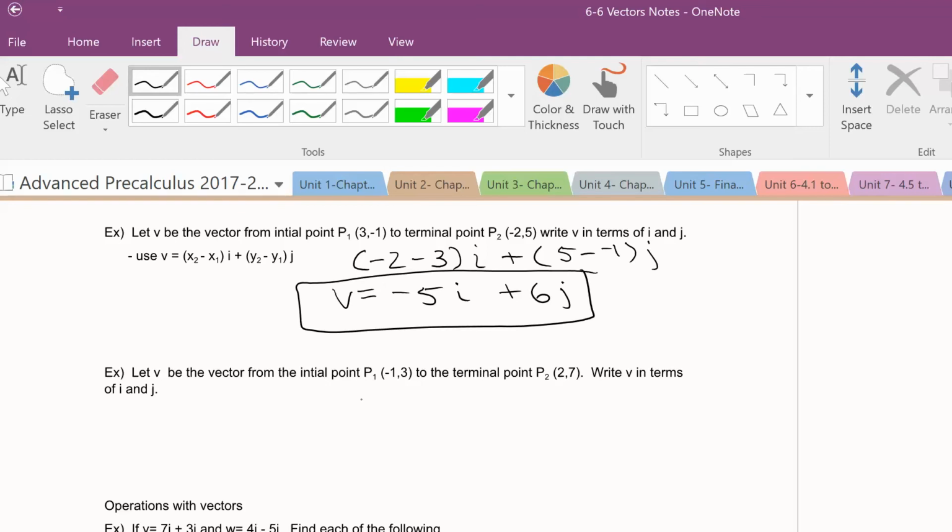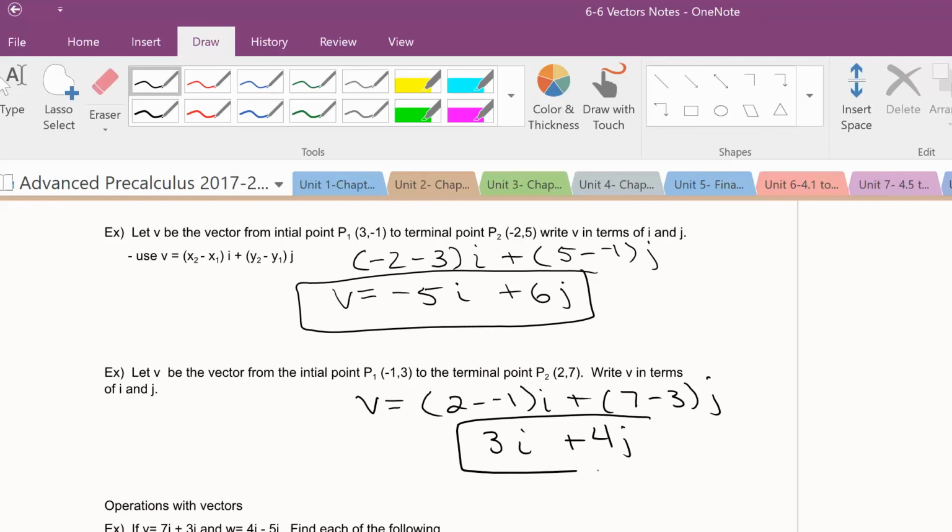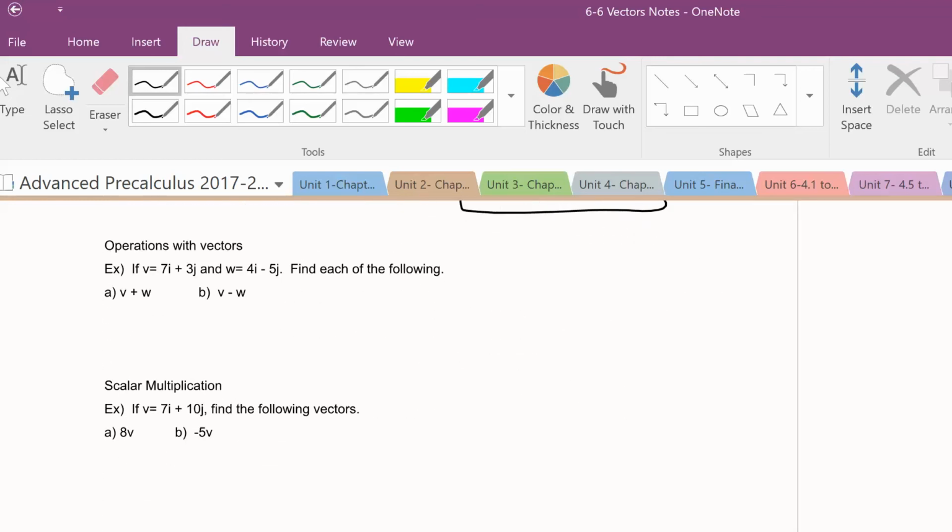Here's another one. We would go 2 minus negative 1 i plus 7 minus 3 j. So it's 3i plus 4j. That is our vector. We can do operations with vectors. We can add them.